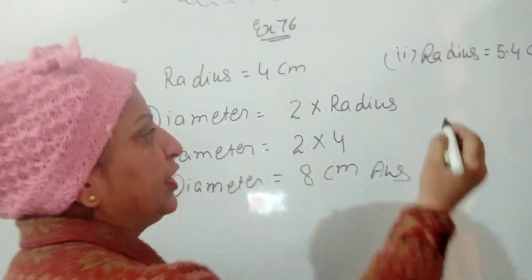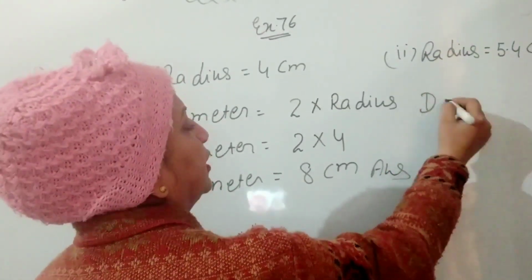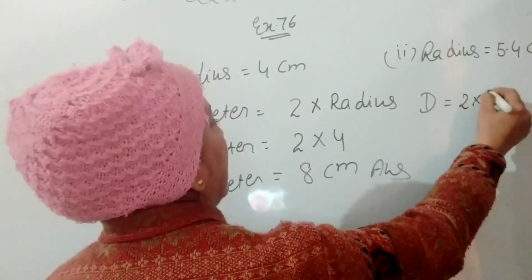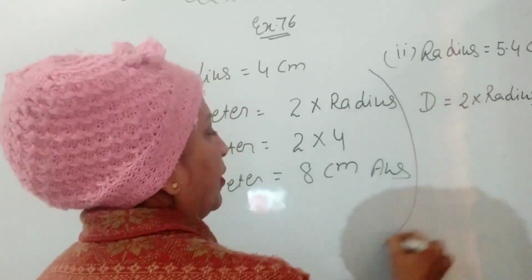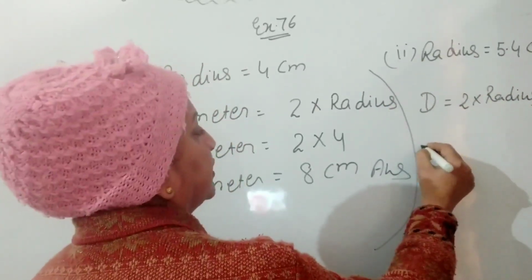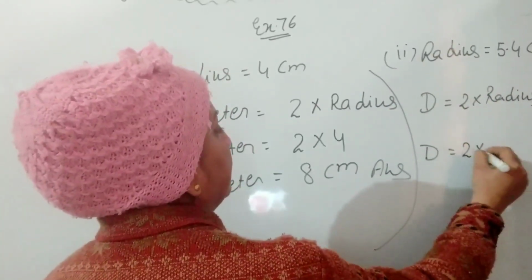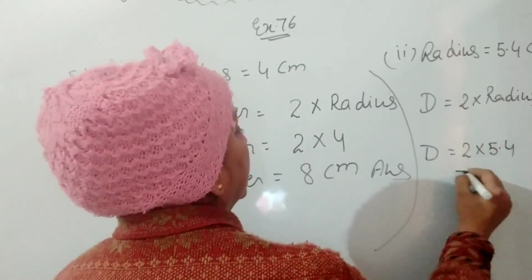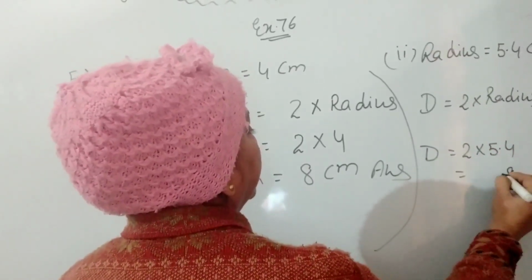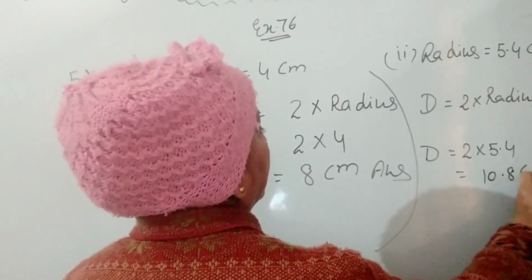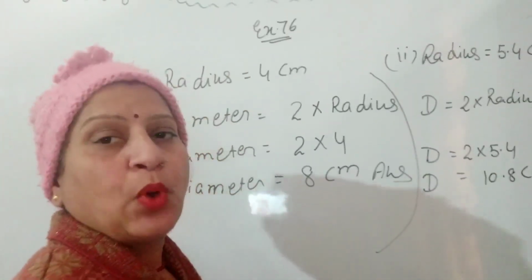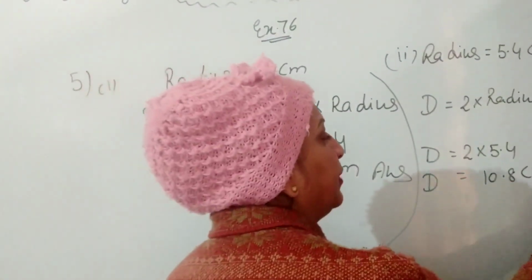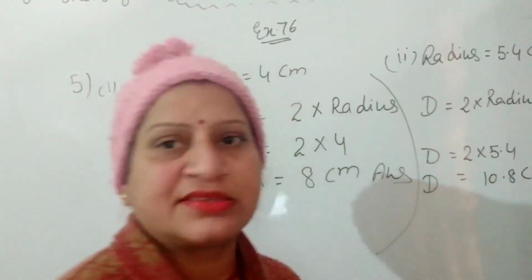Again we write the diameter is equal to 2 multiplied by radius, and then we write 2 multiplied by 5.4, that is equal to 2 4s are 8 and 2 5s are 10. So our diameter measurement is 10.8 centimeter, and this is our answer.